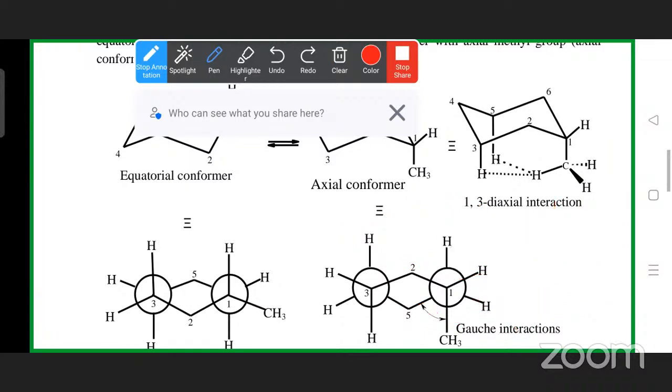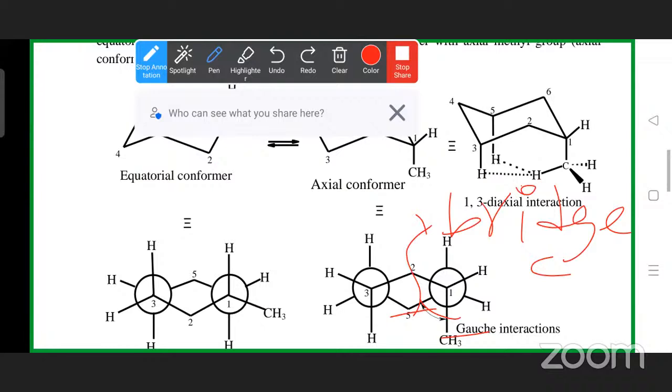Both are in the gauche relationship, because this is the bridge carbon here. Both are adjacent.